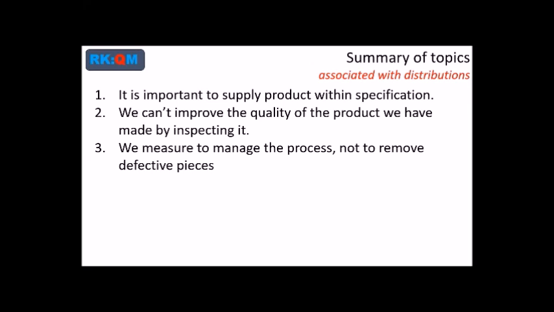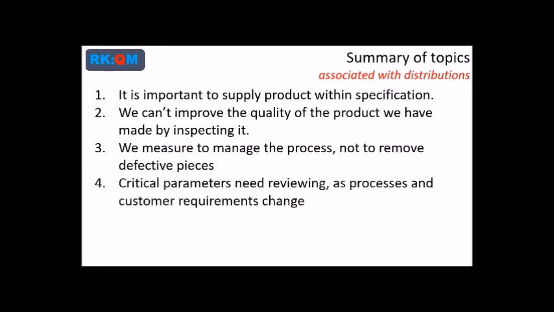We measure to manage the process, to keep it making good product, not to sort the good from the bad. Critical parameters change. Customers change their process, so different dimensions become critical. Raw materials change and can change the characteristic of your process. Machines change, and so on. So review your critical parameters.